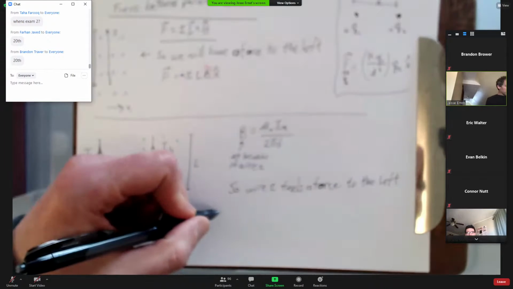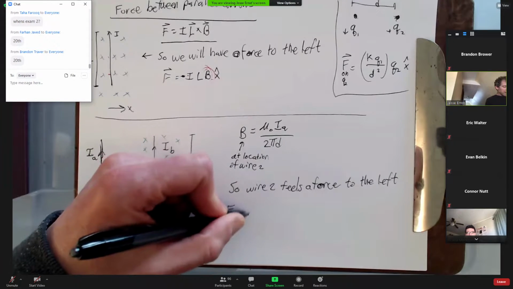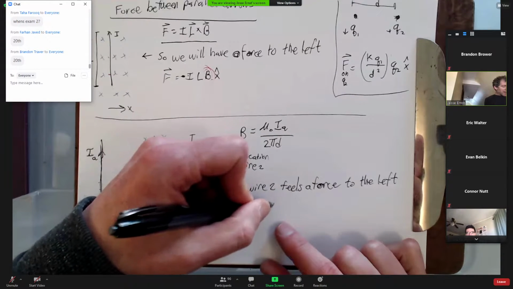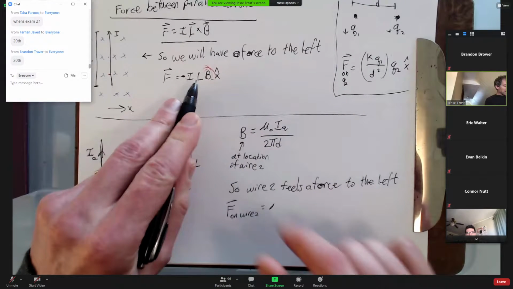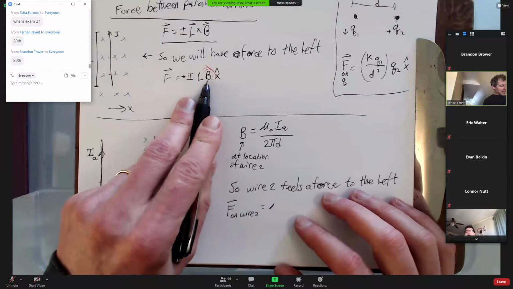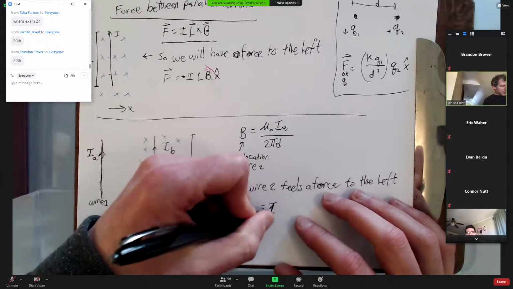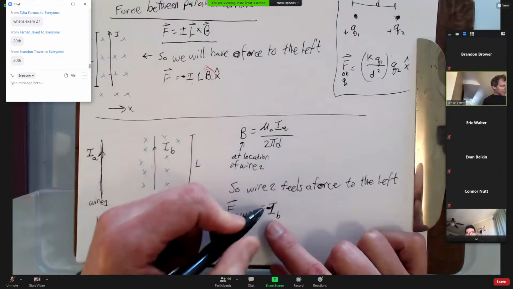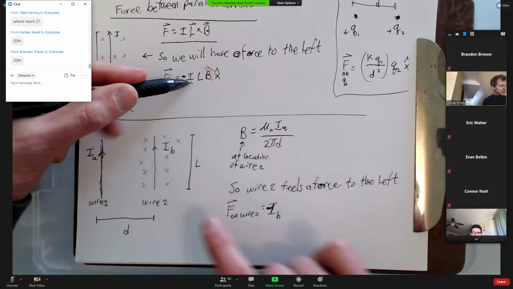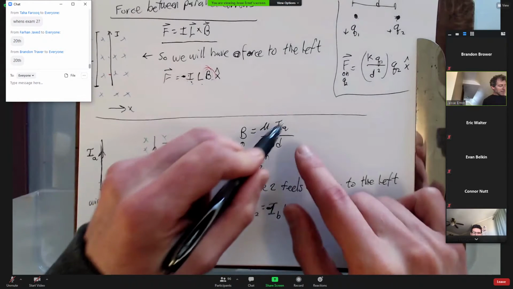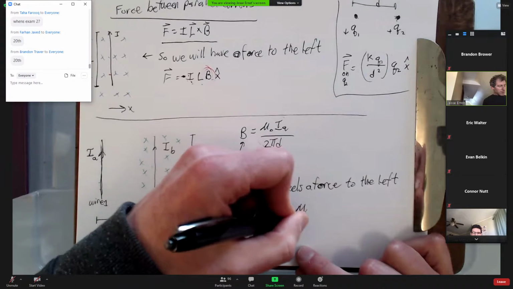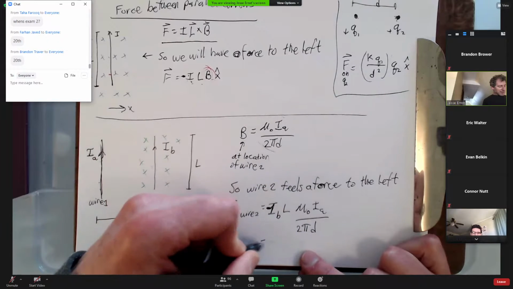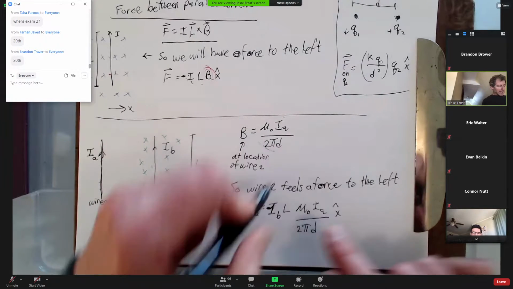And the size of the force: F on wire 2 is the current in wire 2 times its length times the B field that it's in. So that's I sub B, times L, times the B field it's living in, mu naught IA over 2 pi D. And it's to the left, so negative x hat.